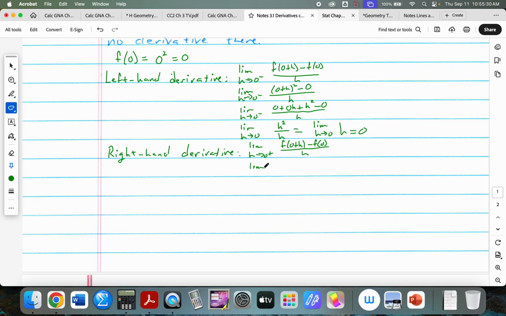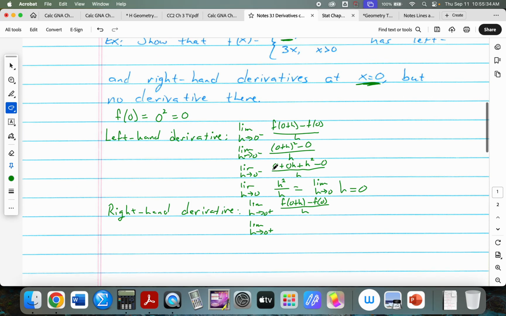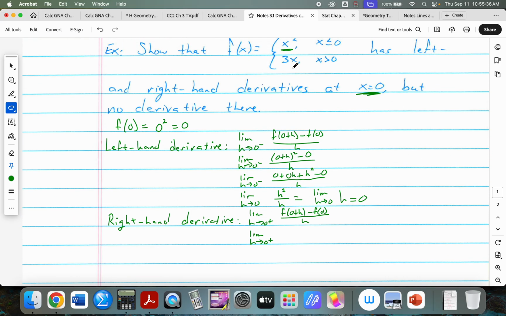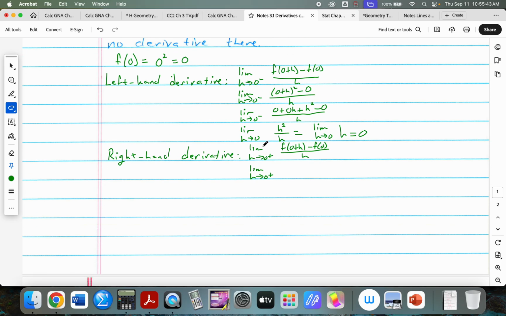So it's the limit as h goes to 0 from the right. And if we're coming from the right of 0, we're using 3x. So that'll be 3 times 0 plus h minus f of 0, which is 0, all over h.